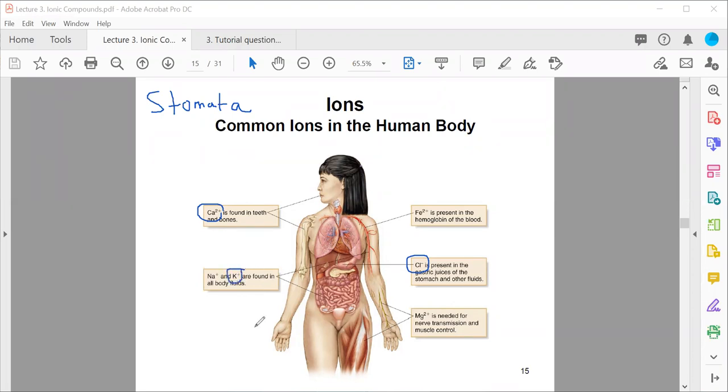Those ions are actually very important in facilitating the opening and closing of stomata to respond to environmental conditions. Obviously, if environmental conditions are good, then the stomata will open and allow the gases to diffuse in. And of course, someone said, I believe you. Don't believe everything that you're told.